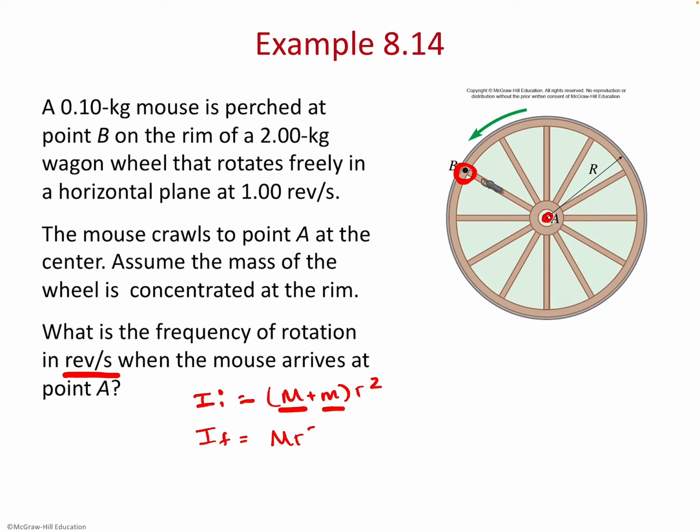So it's just M r squared. All right, you know the initial velocity is 1 revolution per second, but you want to figure out what the final is. Sometimes this omega is referred to as frequency.